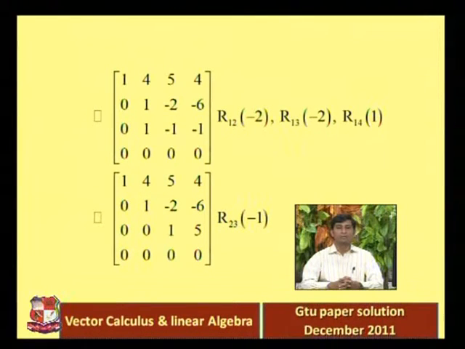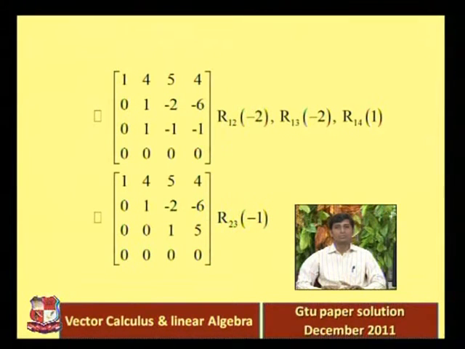Because we multiply the second row with -1 and add into the third row, the third row becomes 0, 1 - 1 = 0, -1 + 2 = 1, and -1 + 6, that is 5. Okay, so the third row becomes 0 0 1 5, and the fourth row is also as it is, 0 0 0 0. Now you can see in the first column below the leading entry all the elements are 0. In the second column below the leading entry all the elements are 0.